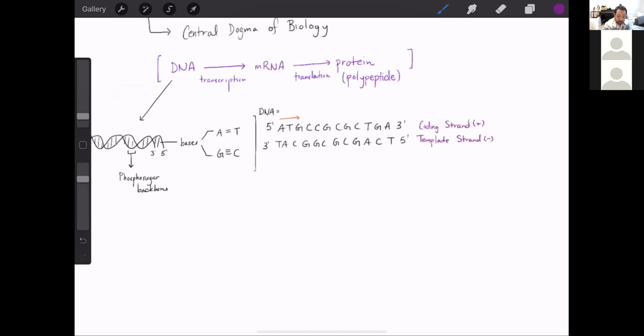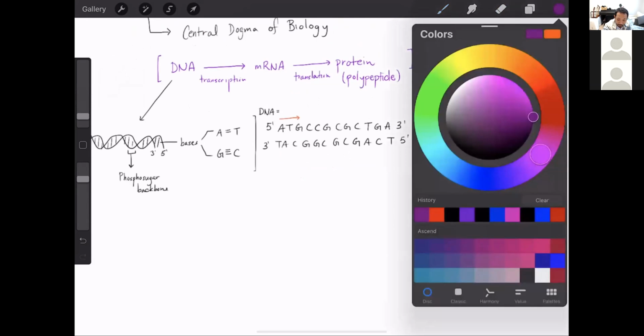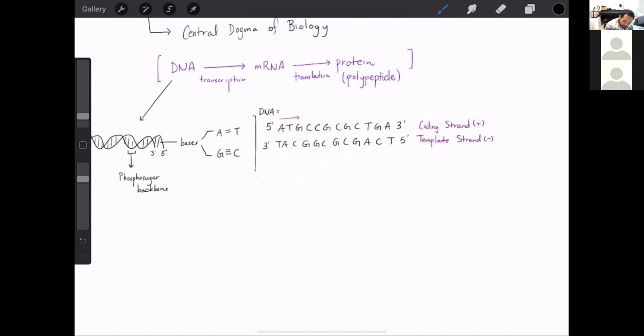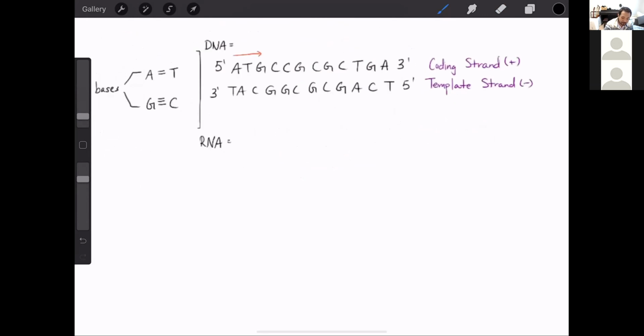Now, of course, when we go to creating RNA molecules, you'll notice that RNA and DNA are actually very similar, except for just a couple of differences. For instance, A is going to be A, but T is going to be U. G, CCG, CGC, UGA.